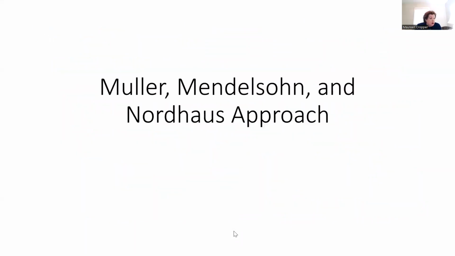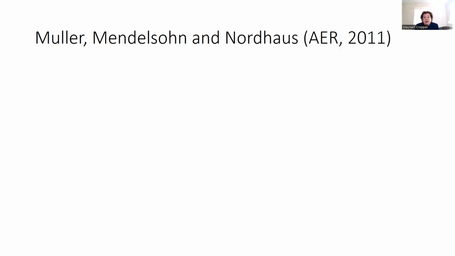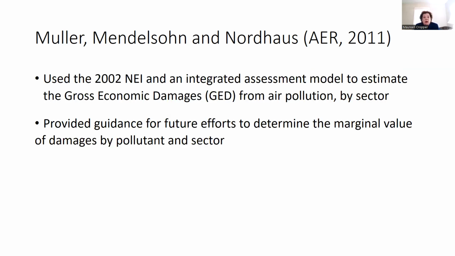Okay, so one of the first attempts to comprehensively value local air pollution damages by sector was an article by Nick Muller, Rob Mendelsohn, and Bill Nordhaus, which was published in the American Economic Review, a top economics journal, in 2011.